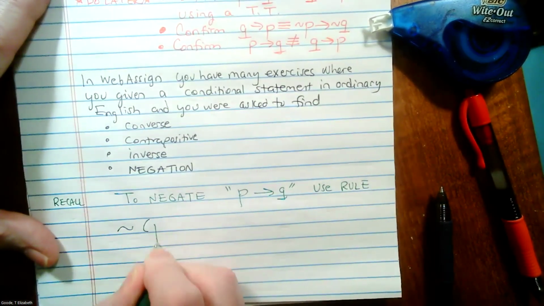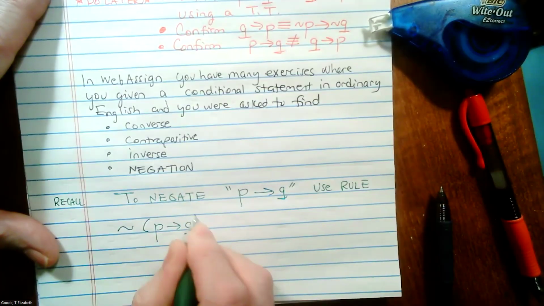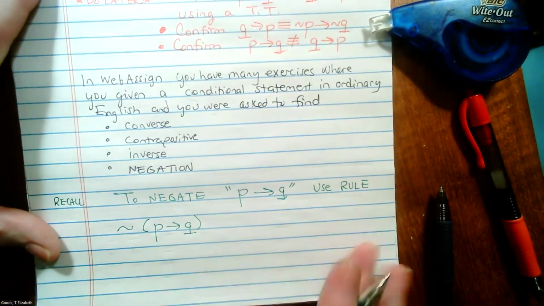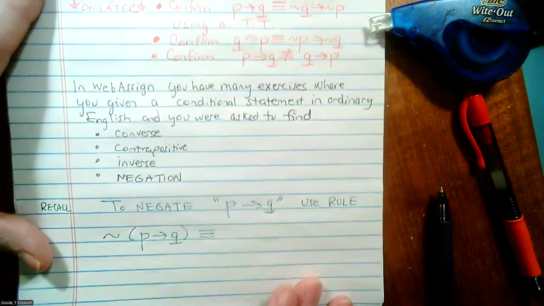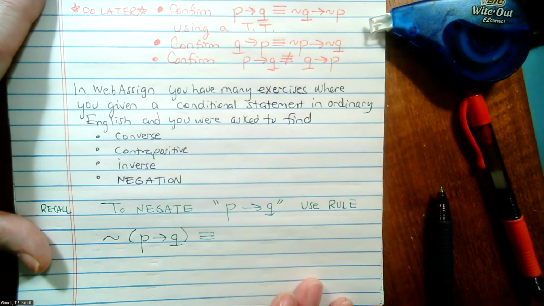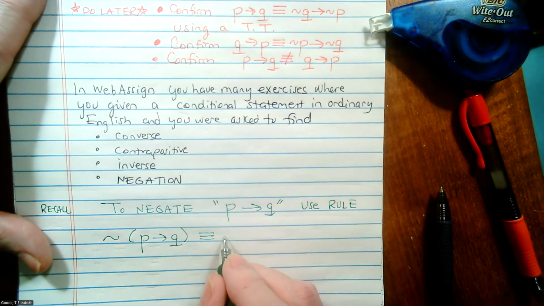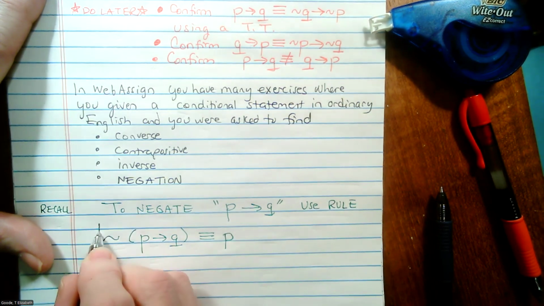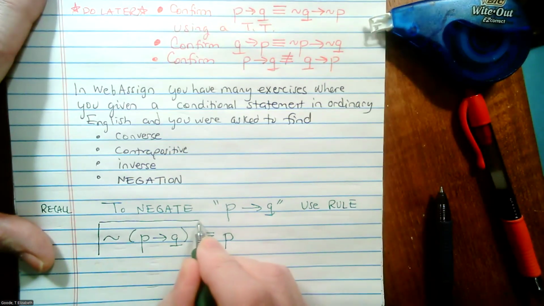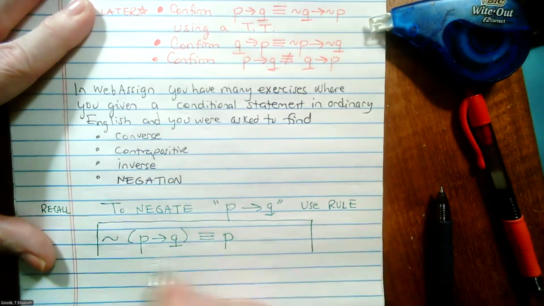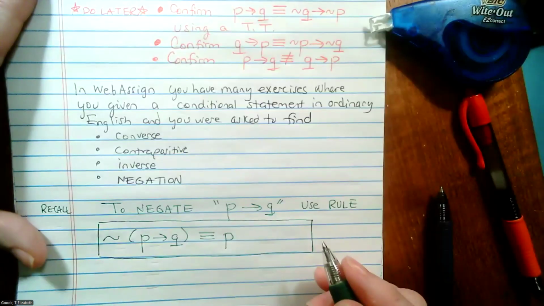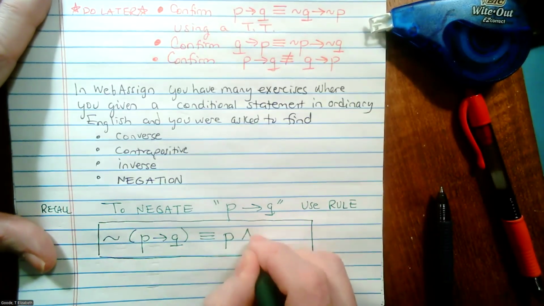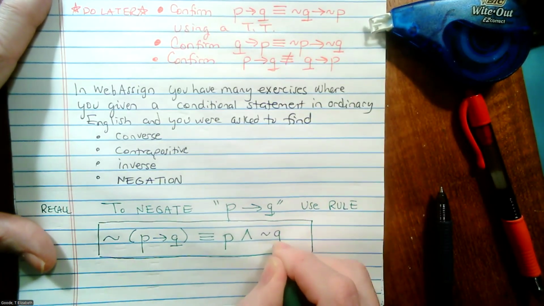The negation of the quantity if P then Q, or the negation of P implies Q. Does anybody remember what it is? P implies not Q. Almost, so close. Let's stop. It's P and not Q. Yeah, it's not an if-then statement.